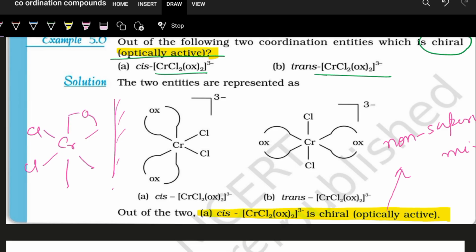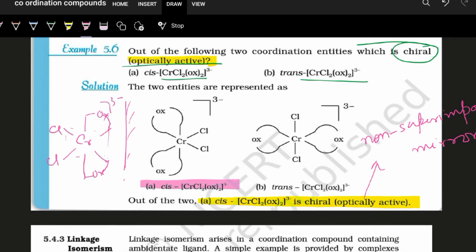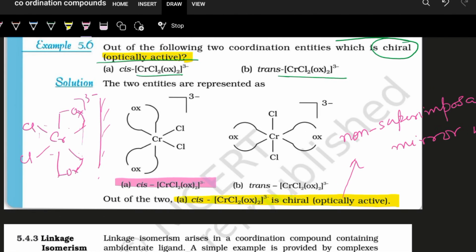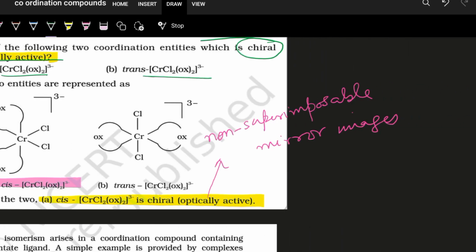So this is your oxalate ion, and here again this is your oxalate. This is the ligand. So this is the other isomer, 3 minus. So the cis form is showing optical isomerism. The trans cannot show it because its mirror image is superimposable.